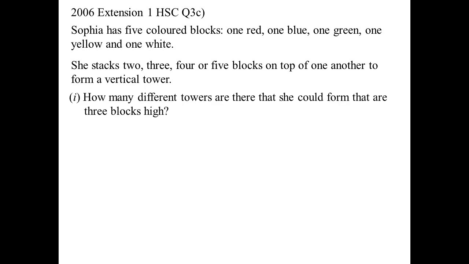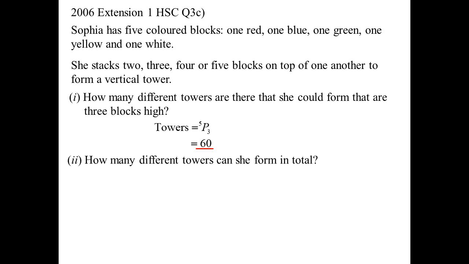How many different towers are there that are 3 blocks high? Now, because they're different colours, then the arrangement becomes important. There'll be different towers that they build. So this is why it's a permutation. 5P3. There's 5 blocks I could use. I'm going to use 3 of them. 60 towers.